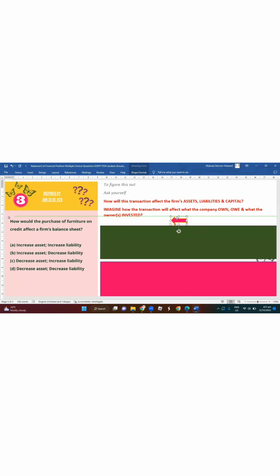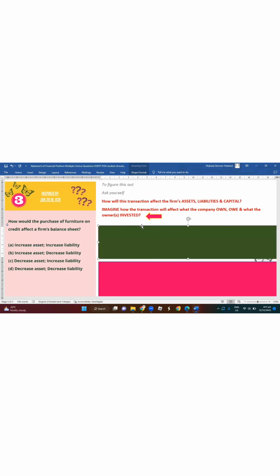So take some time and imagine how the transaction will affect what the company owes, and what the owners invested. It's a good idea to get very comfortable with this way before exams, because you don't have much time to imagine and to think in the exam.